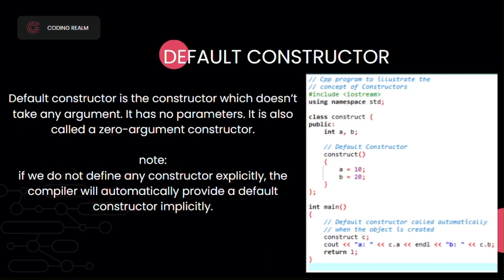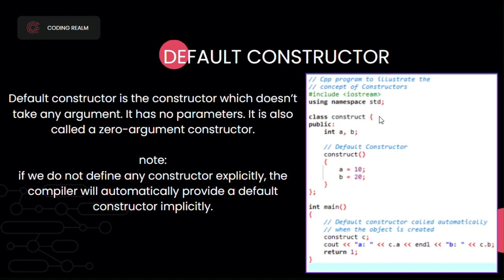Constructor, the default constructor is the constructor which doesn't take any argument. It has no parameter. It is also called zero argument constructor. If we do not define any constructor explicitly, the compiler will automatically provide a default constructor implicitly.